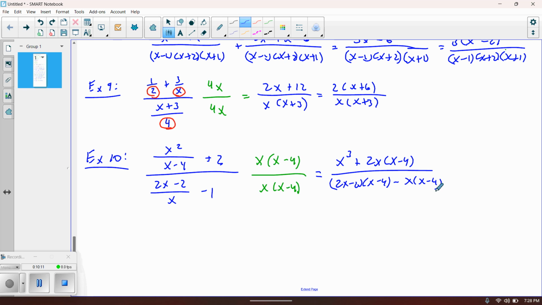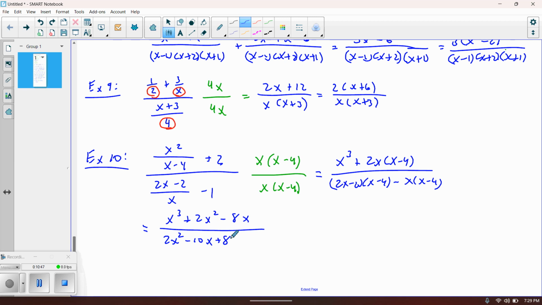Now we can go ahead and distribute everything out, combine like terms, and see what we come up with. Whether we can refactor or not, we'll find out. So I've got x cubed plus 2x squared minus 8x all over, let's see, we got a bunch to do on the bottom here. That's going to be a 2x squared. That'll be a negative 8x, and a minus 2x will be minus 10x plus 8.